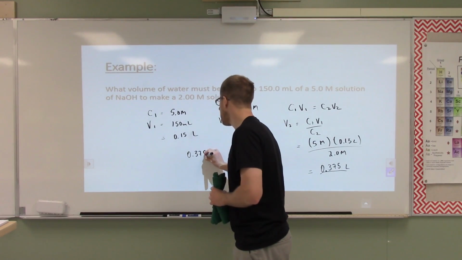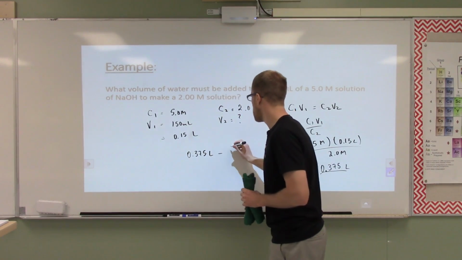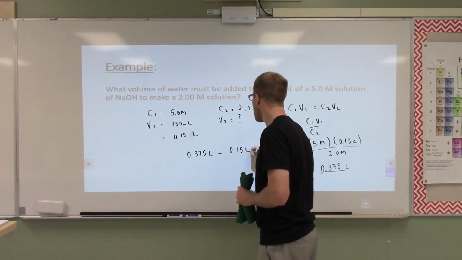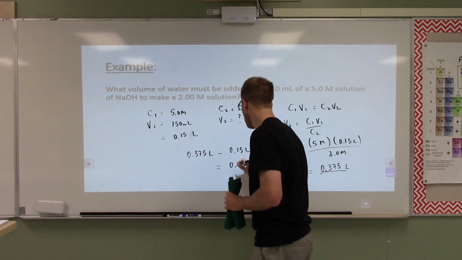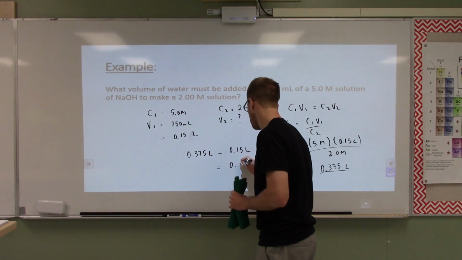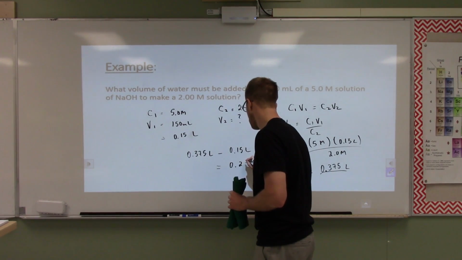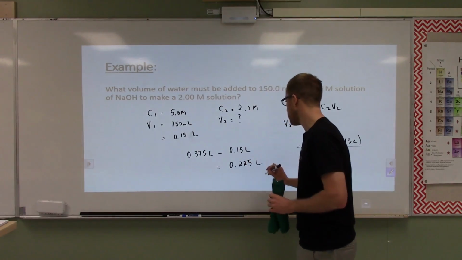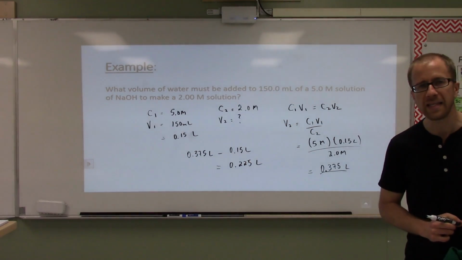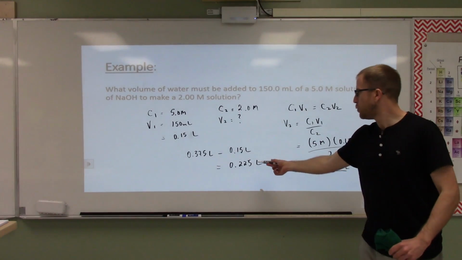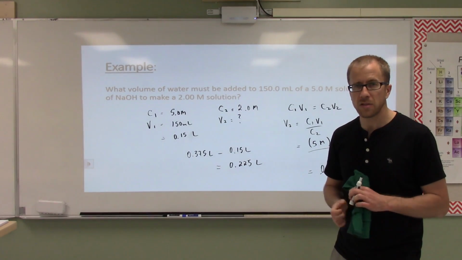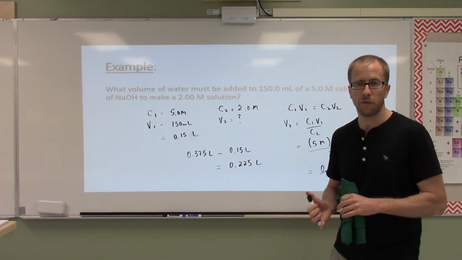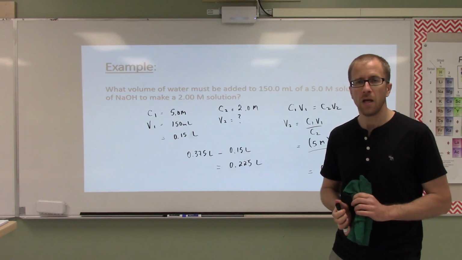Well, that's going to be 0.375 liters minus 0.15 liters, which is 0.225 liters. So we had to add 0.225 liters, or 225 milliliters, in order to achieve our final concentration.